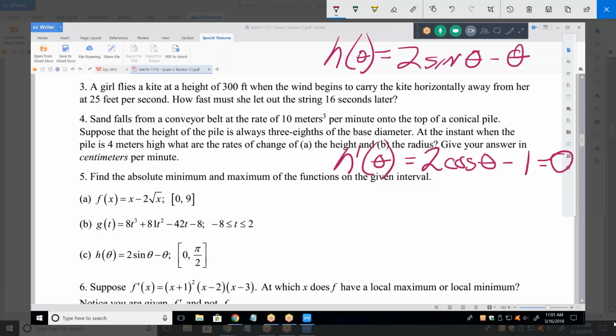2 cosine theta minus 1 equals 0. Cosine equals 1/2. Okay. Now, where does that occur in our interval? In other words, what's theta equal to?